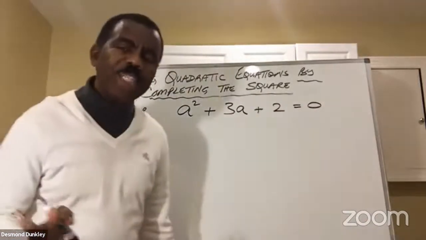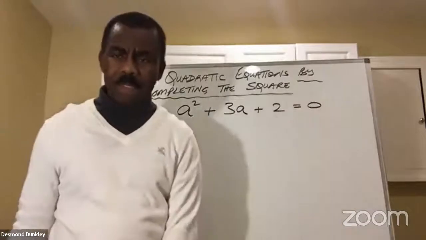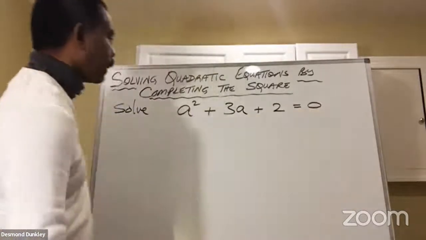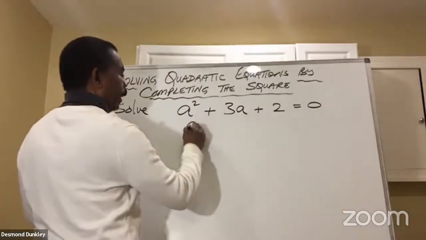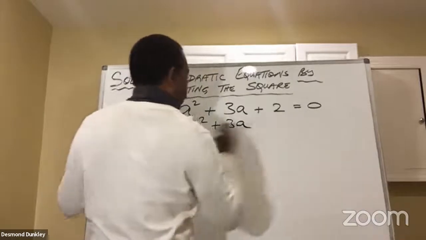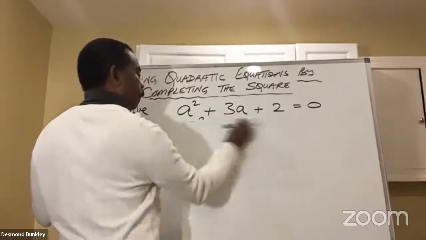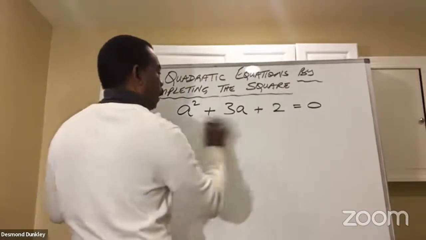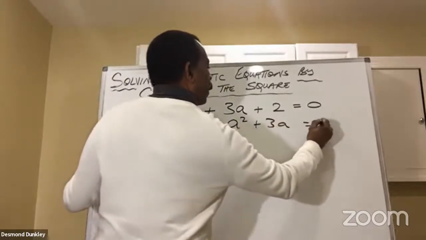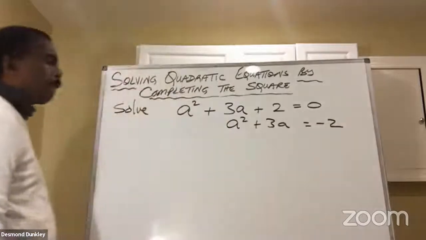The method doesn't change, even though the numbers might be different. So here goes, let's move the 2 over to that side. So we have a squared plus 3a equal to negative 2.